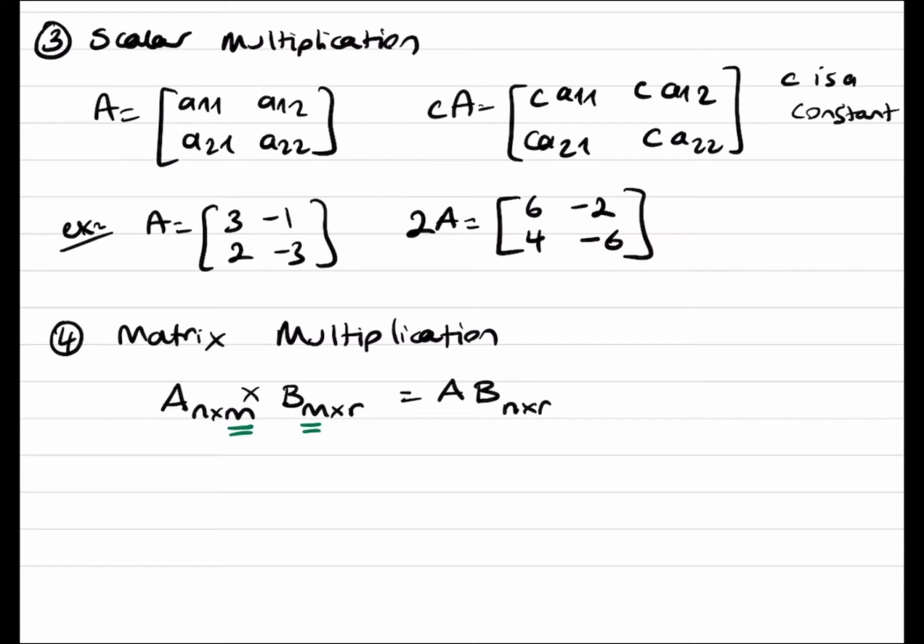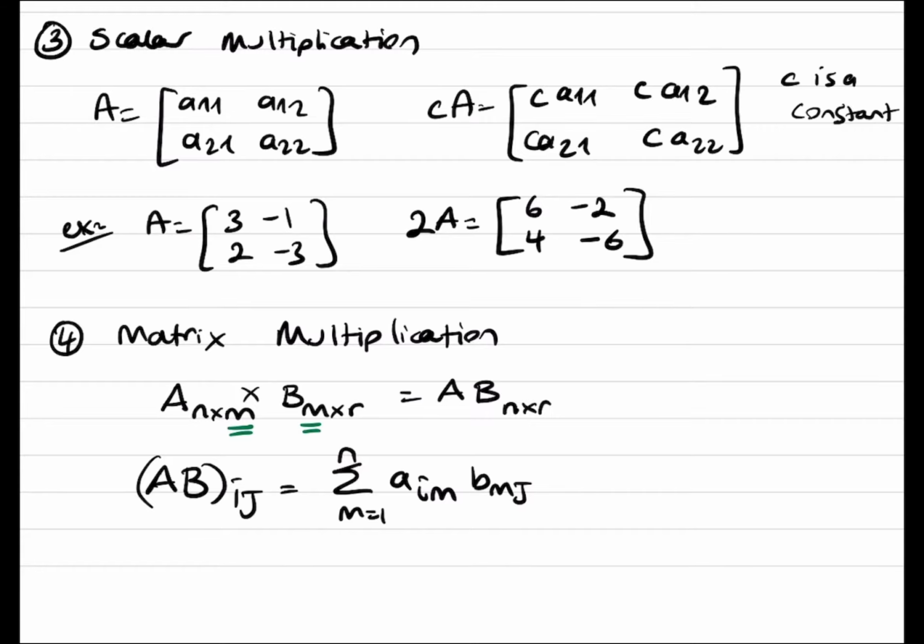When we multiply A times B, the ij entry is equal to the sum over m from 1 to n of aim times bmj.